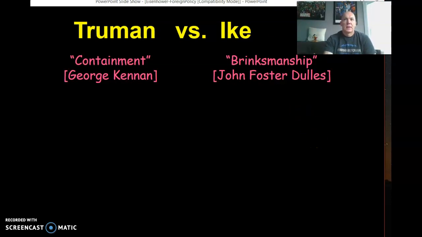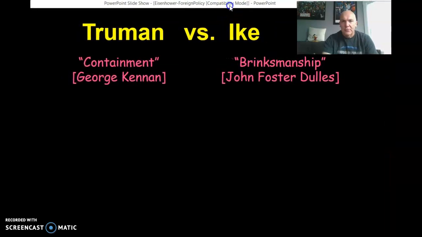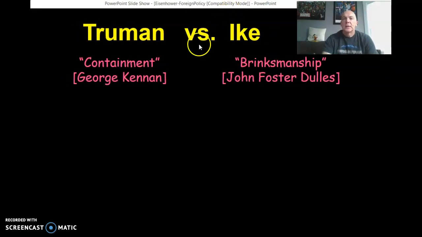We talked on Monday about the containment set up by George Kennan. Well, we have a new Secretary of State, a guy named John Foster Dulles, who Winston Churchill once called Dull, Duller, Dulles, which is a pretty good line. And we have a different viewpoint on the Cold War.